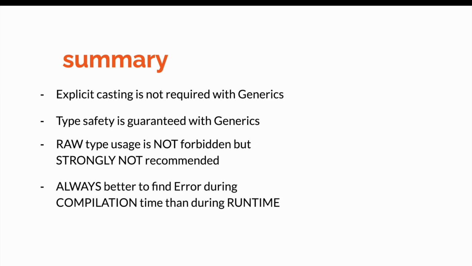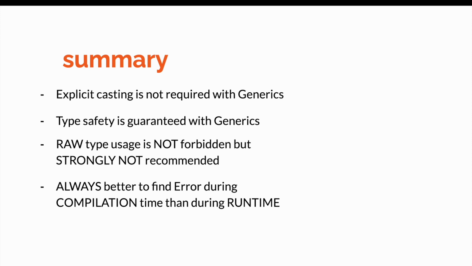The fourth thing which we learned in this lecture is that it's always better to find an error or bug, to run into the problem, during compilation time than during runtime. In that case, we have time to fix the issue at compilation time.